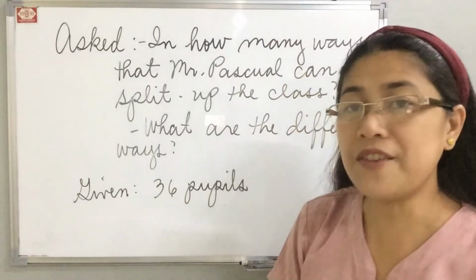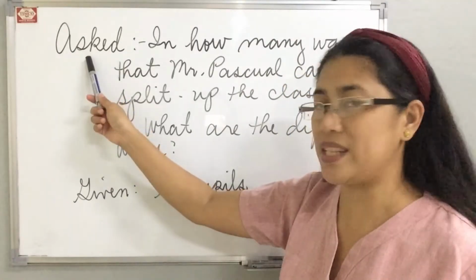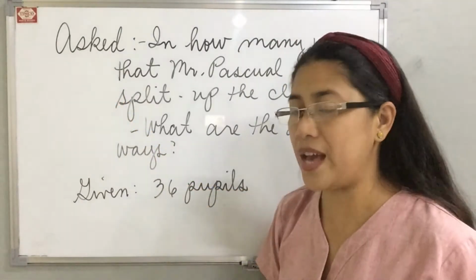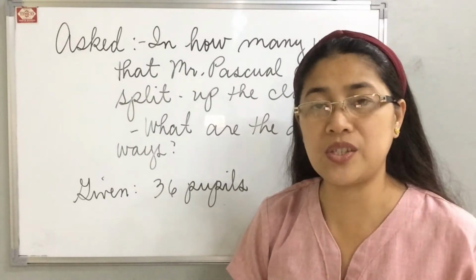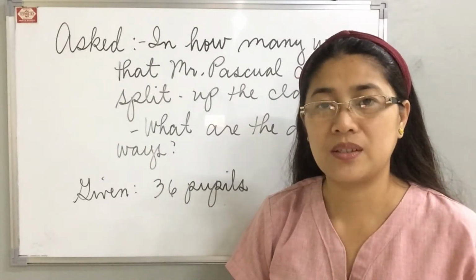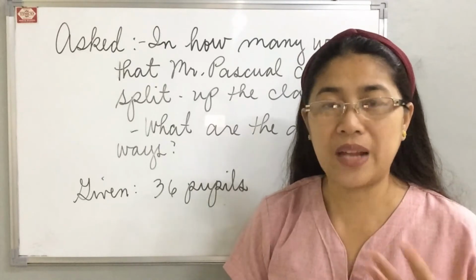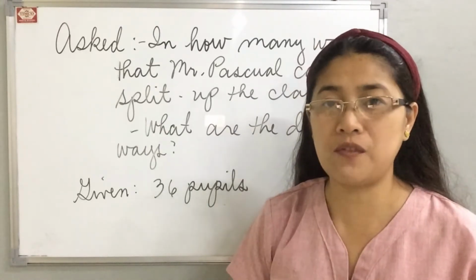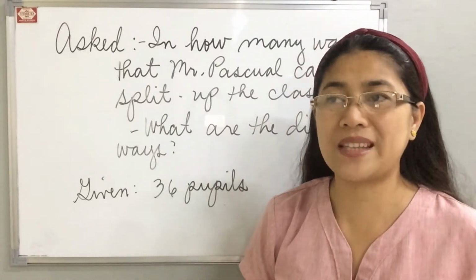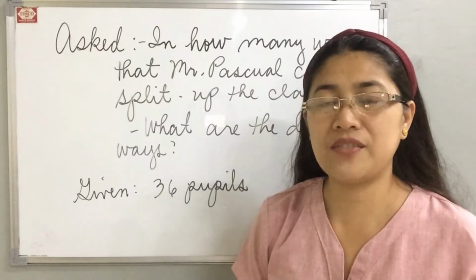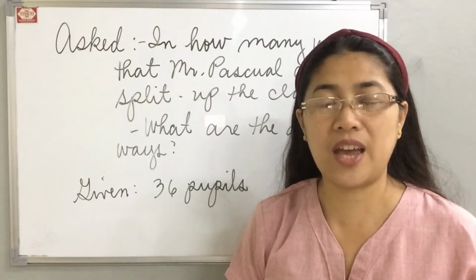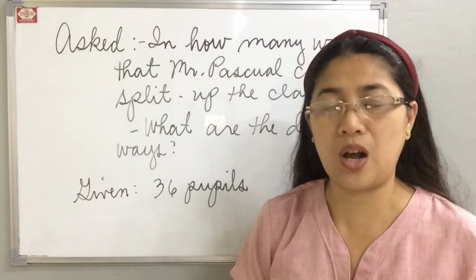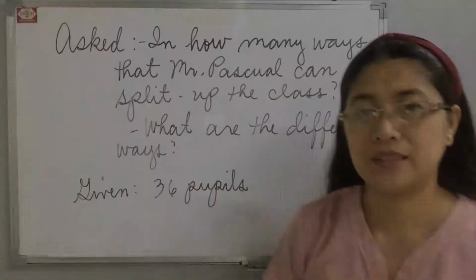Okay. After identifying what is asked and the given facts, the next step for us is to what? Yes, plan. Plan on how to solve the problem. So let us identify, or let's have a strategy on how we can solve it.